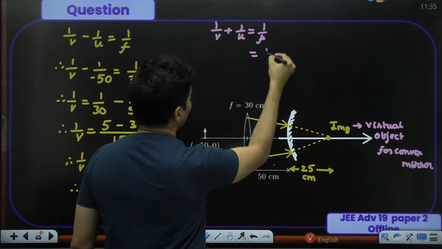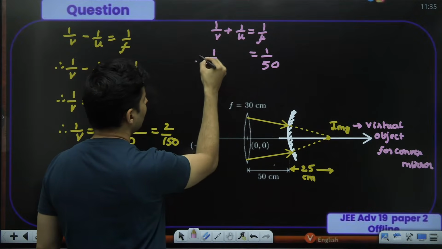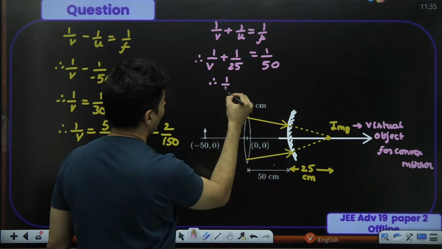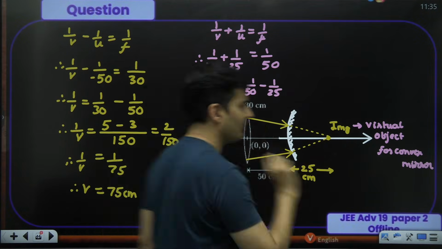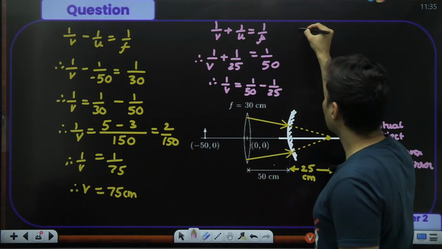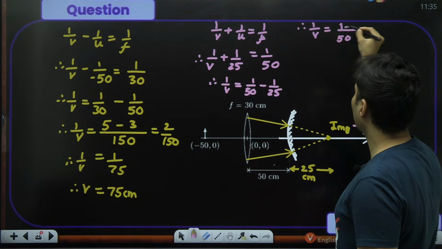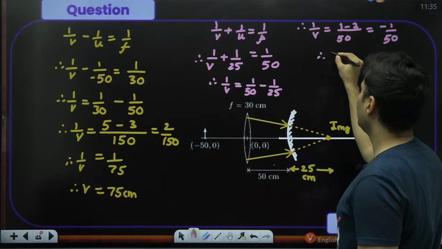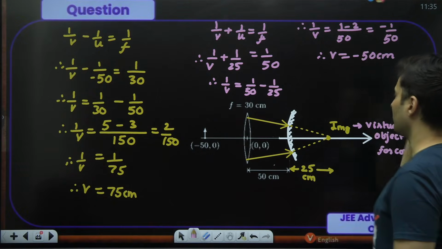So this is 1/50, positive because it's a convex mirror. Object distance is plus 25. So 1/v is 1/50 minus 1/25. Observe this now. So 1/v is equal to, LCM is 50, 1 minus 2, equal to minus 1/50. So the image distance is negative 50 centimeters.